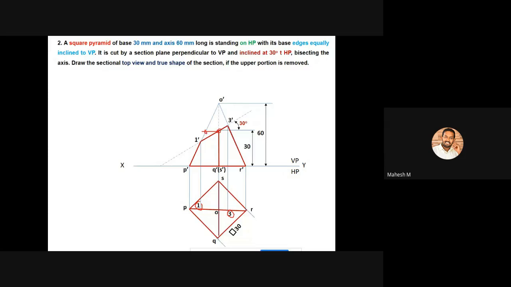Then you have to project this corner towards a horizontal line from O. So we are already having a horizontal line from O, so you'll be getting another one more point. Then you can measure the distance of O to this particular new point.